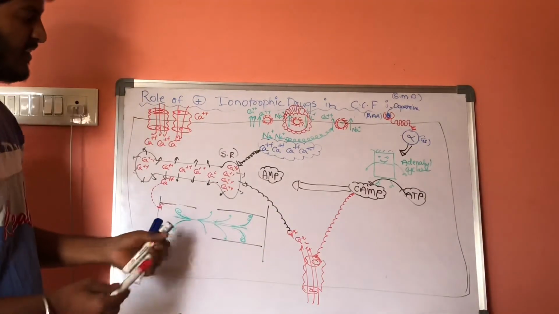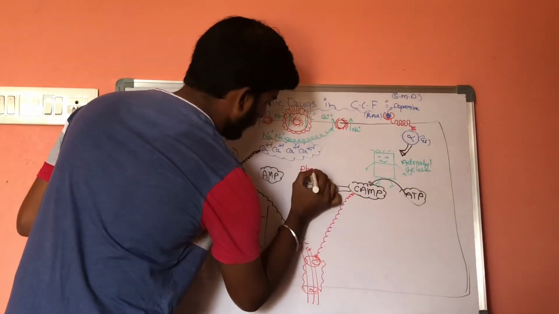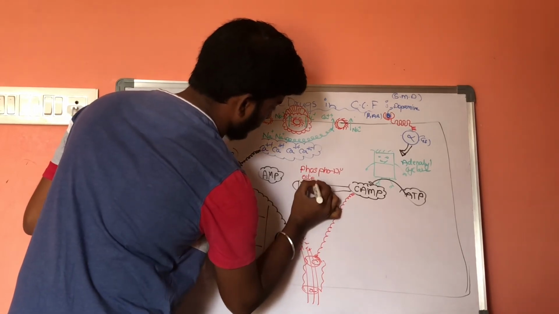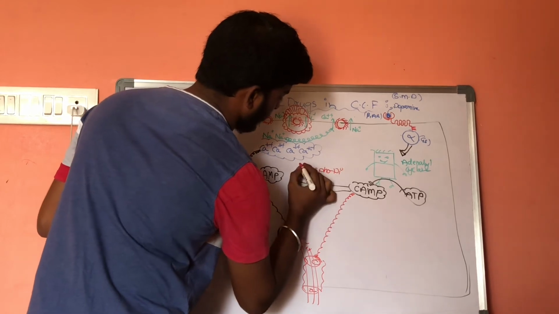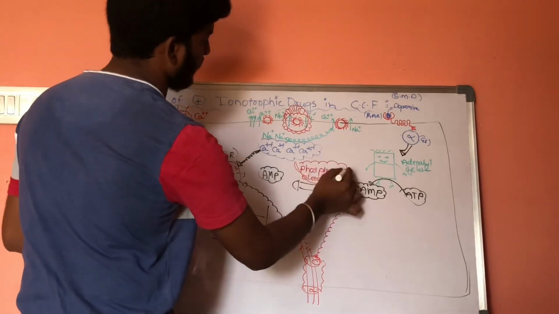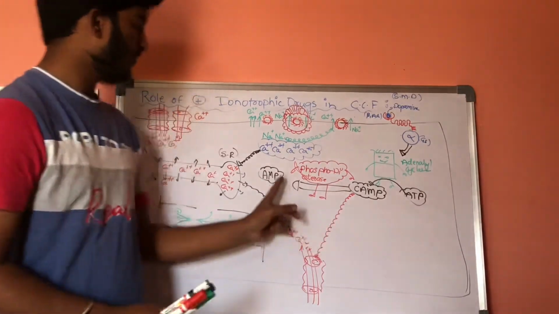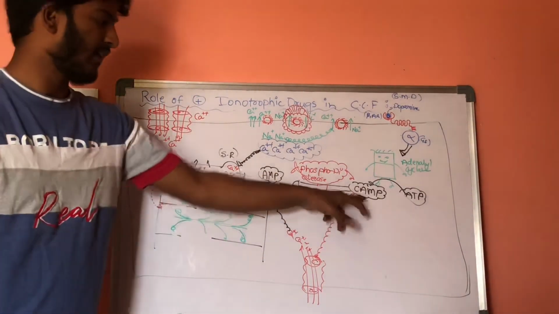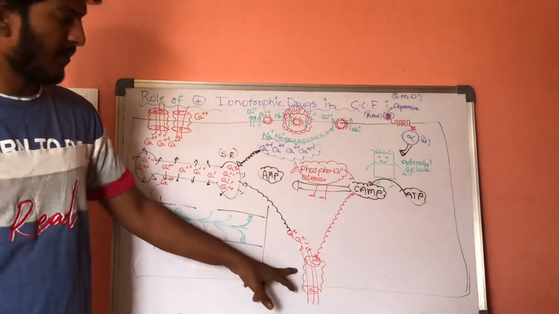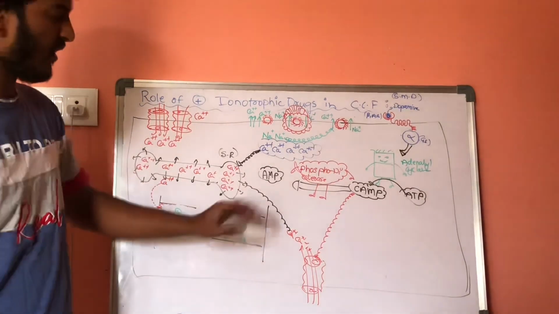There is a special enzyme, that is phosphodiesterase. It converts cyclic AMP into AMP. As cyclic AMP converts into AMP, this AMP cannot open the calcium channels, the calcium cannot enter into these cells, and ultimately there will be no contraction.